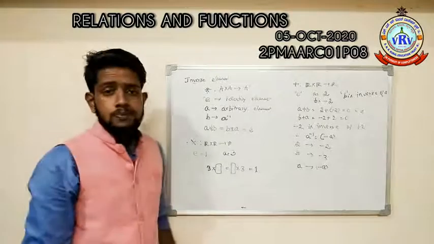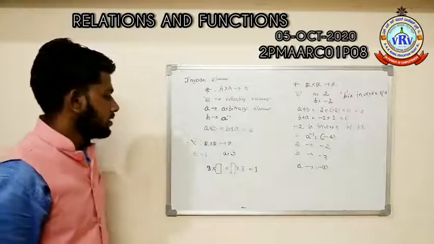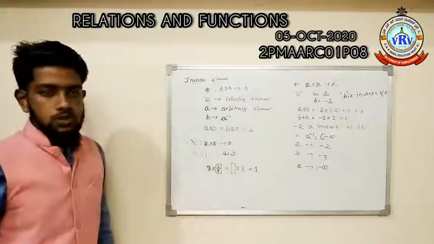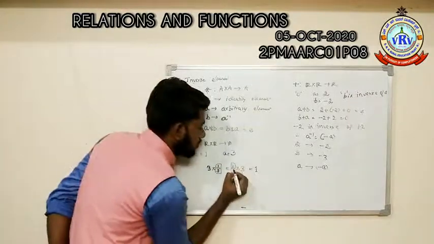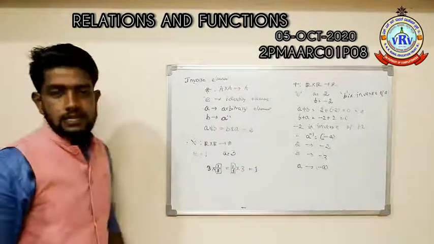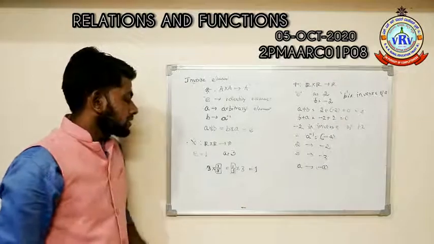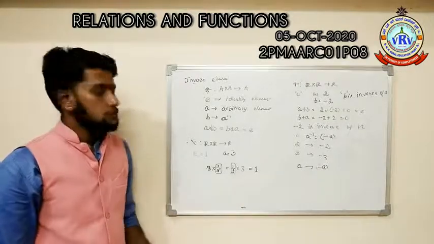Can you find such a number? Yes, it is 1 by 3. 1 by 3 belongs to the real number set, right? If we multiply 1 by 3 with the number 3, it will return 1, and 3 with 1 by 3 also returns 1.